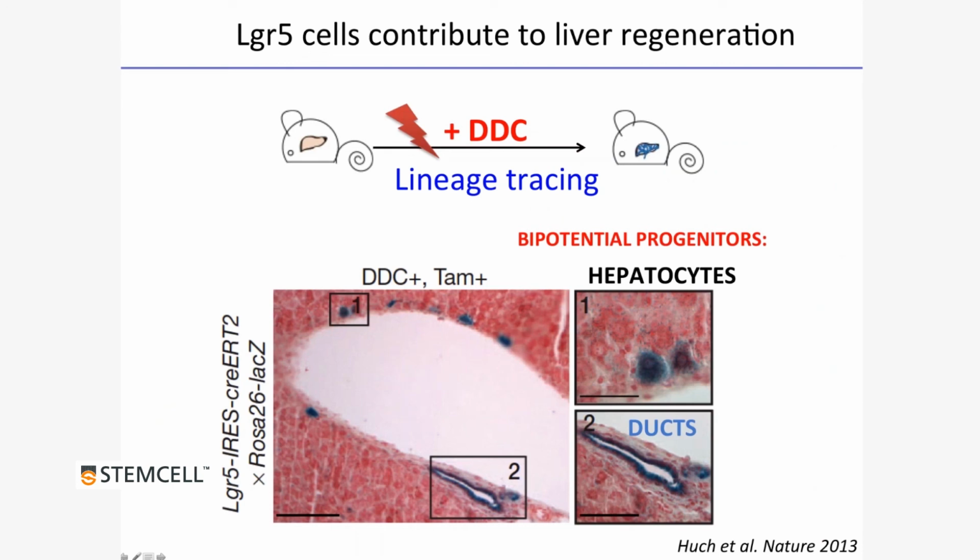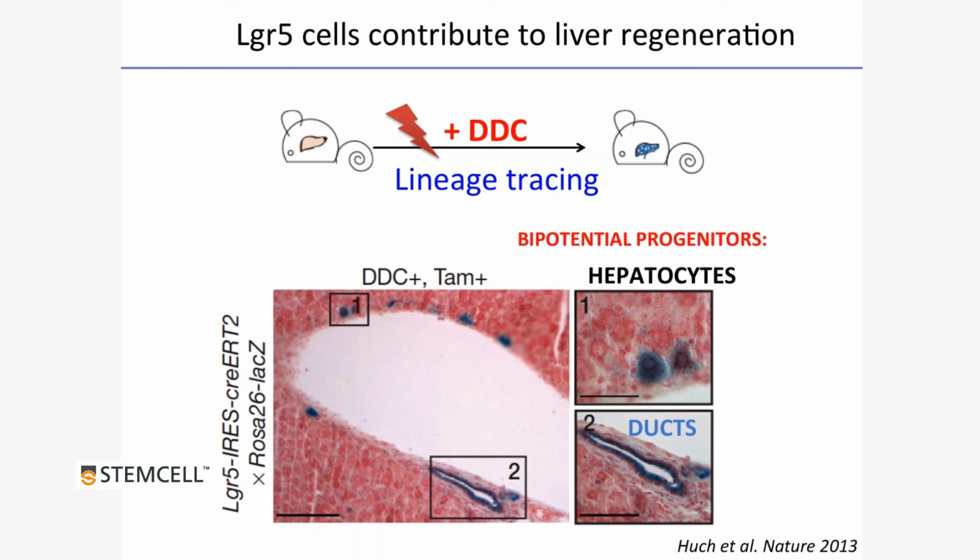But this experiment cannot rule out whether the ducts and hepatocytes labeled in this picture come from the same cell, or whether there are two independent LGR5 progenitors that give rise to hepatocytes and ductal cells. We are trying to elucidate this question.